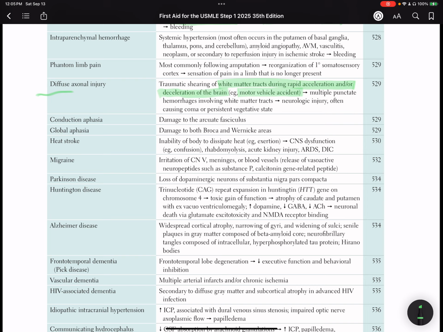Multiple punctate hemorrhages involving white matter tracts lead to neurologic injury, often causing coma or persistent vegetative state. What causes conduction aphasia? Conduction aphasia is caused by damage to the arcuate fasciculus. Global aphasia is damage to both Broca and Wernicke's areas.